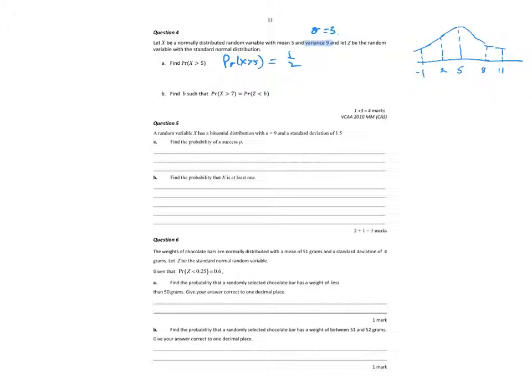Find B such that the probability that X is greater than 7 is the same as Z being less than B. So what's the probability? If X is less than 7, get that as a Z value. The Z value is X minus mu on sigma, which is equal to 2/3.